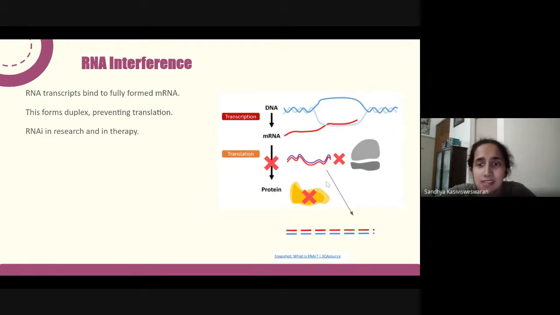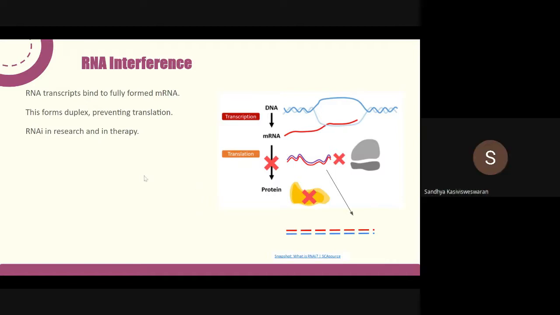What happens next is that this duplex molecule is cut down into many small fragments. A very small fragment has no function in the cell, so it's recycled. But the point is that you can target an mRNA for complete degradation by creating a non-coding RNA that is complementary to it and binds to it.